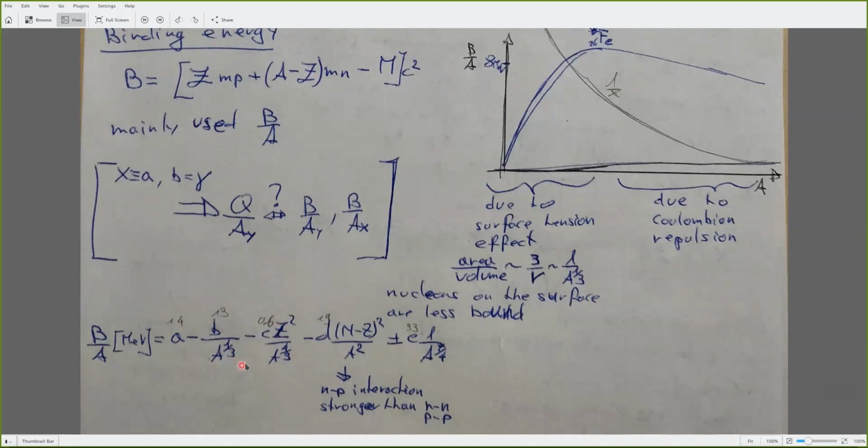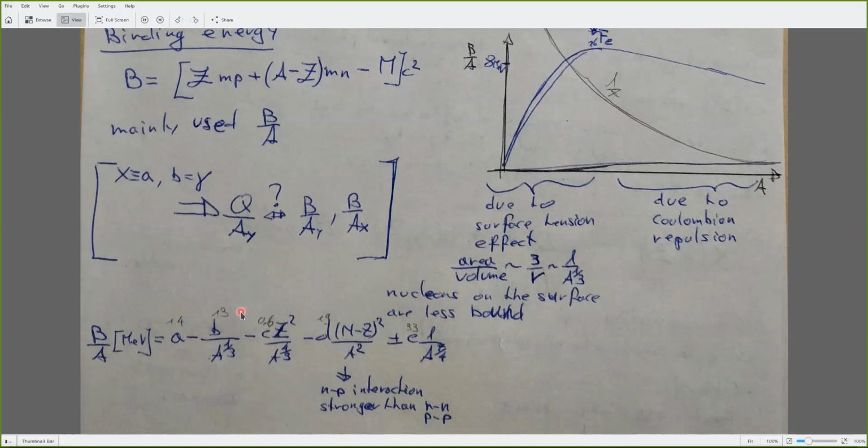That difference decreases with the increase of the number of nucleons, as you can see here. This is also because the more nucleons we have, the more nucleons are not only on the surface.